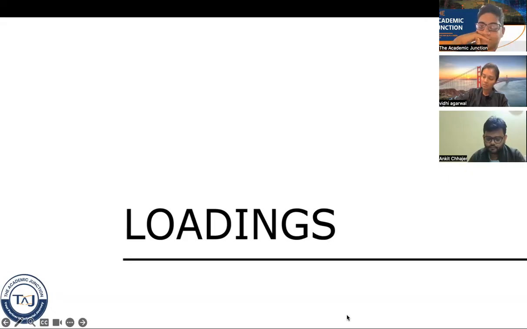For example, if I take health as an example, then the main loading could be loading for any pre-existing diseases, or loading for, let's say, premium payment mode loadings, monthly or yearly.